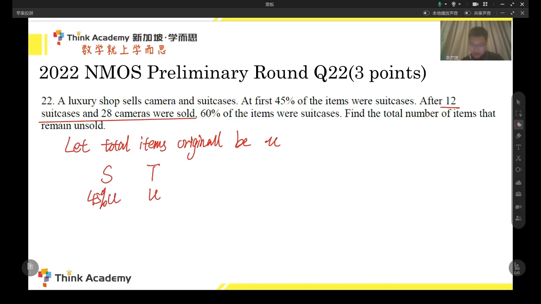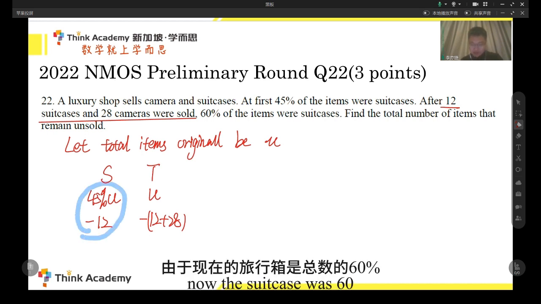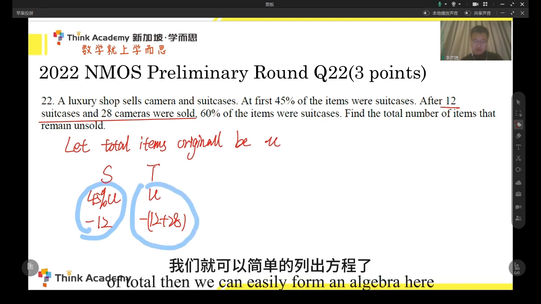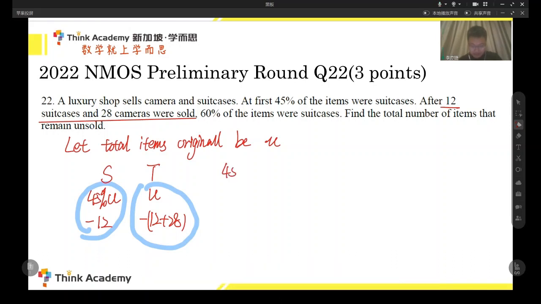So after changes, we have suitcase, so 12, and total, so what? 12 plus 28 is 40, right? It's 40. So then we have, now the suitcase was 60% of total. Then we can easily form an algebra equation here, such that the total suitcase equals 60% of current total.